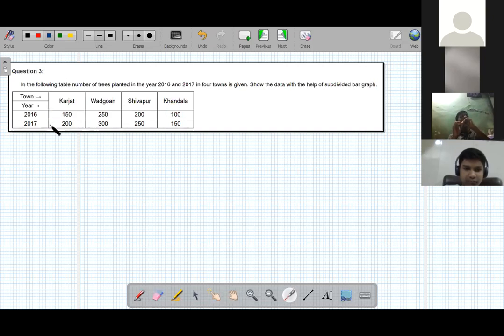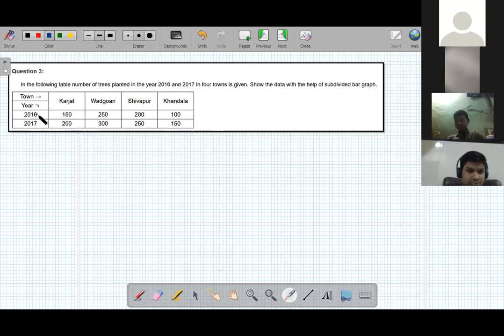And in 2 years, 2016 and 2017. So we have to represent this on a subdivided bar graph.